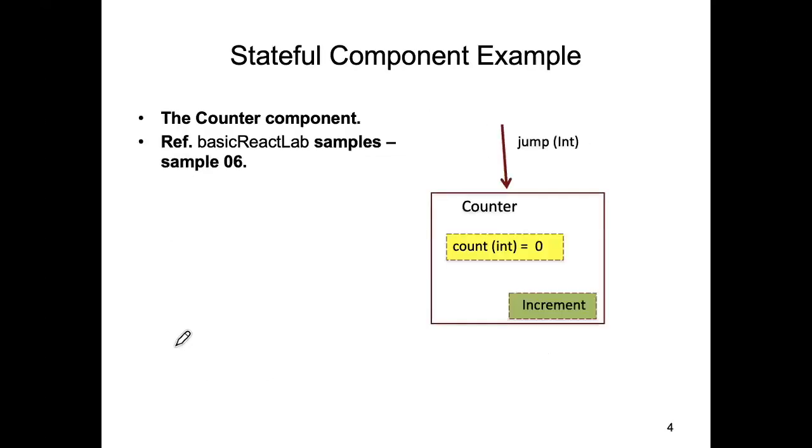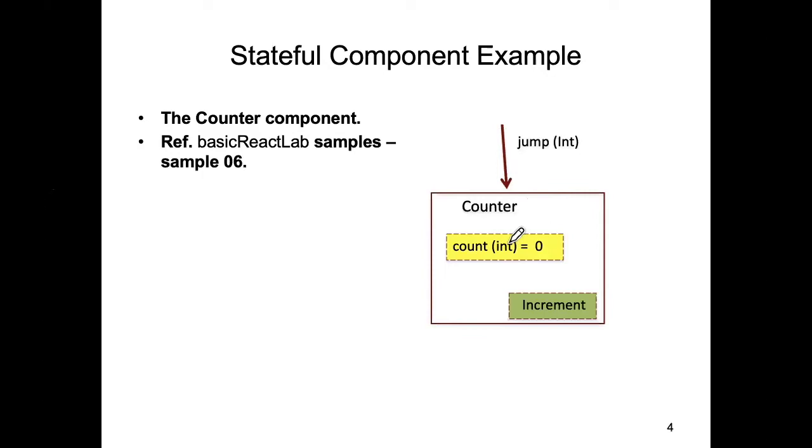So our one-on-one example, shown here on the right, is, let's suppose we've got this simple counter component. The component expects a prop, which I'm going to call jump, and the prop is going to be an integer. And this is my way of representing the internal state data of this component.